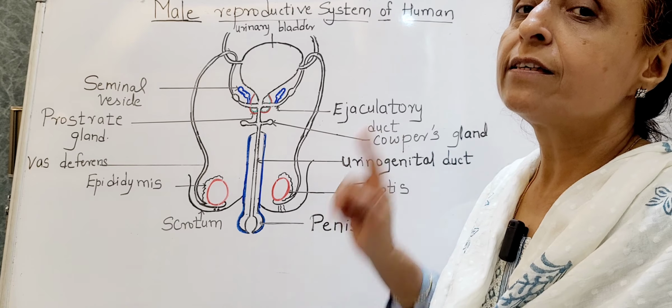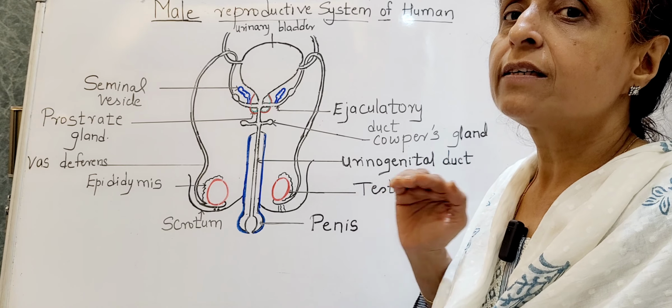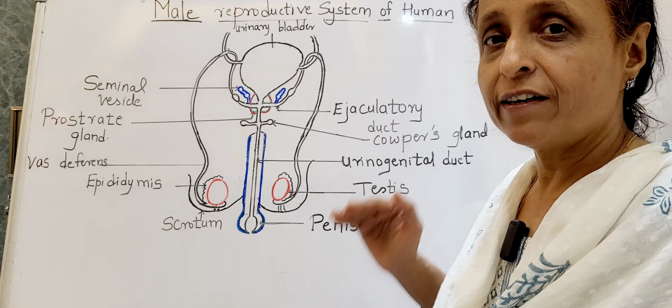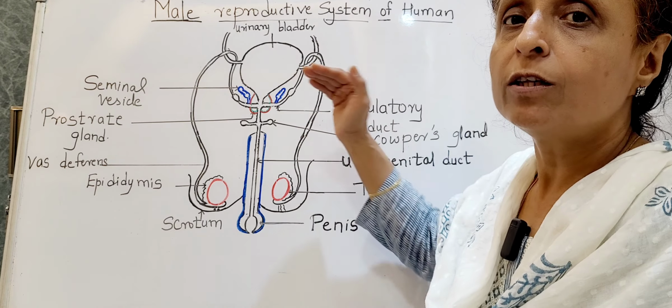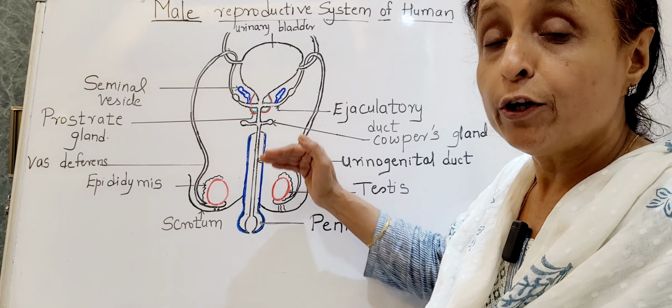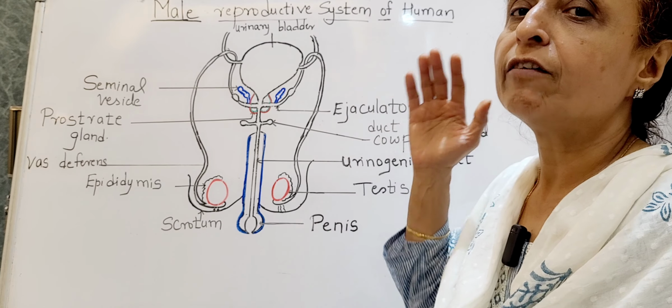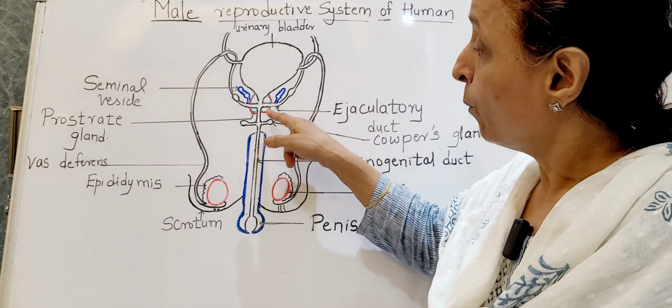Sperms will exist only in alkaline condition. In acidic condition, they will die. Even the vagina is acidic. All these glands produce fluids which will nourish the sperm, give alkaline condition, and help in motility.